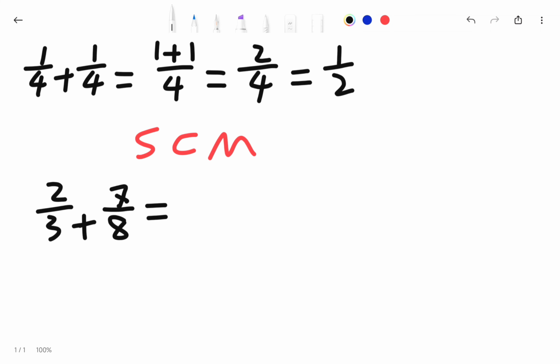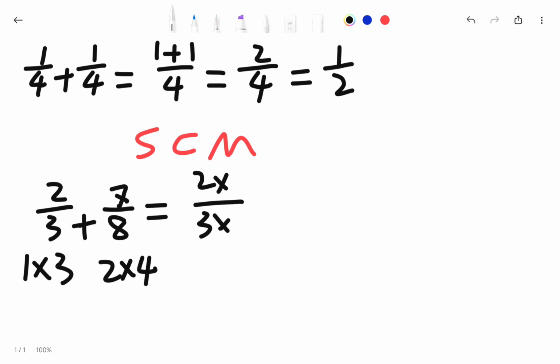As you can see, 3 and 8 don't have any common factors. So in this case, we just multiply 3 and 8 to get the smallest common multiple. And please do the same to the numerator to preserve the value of the fractions.